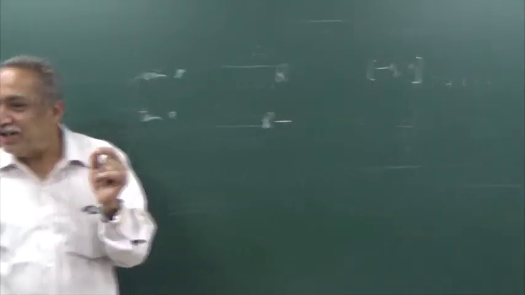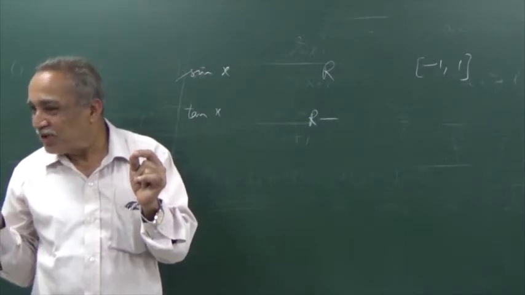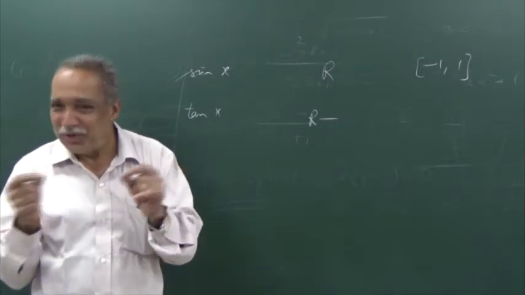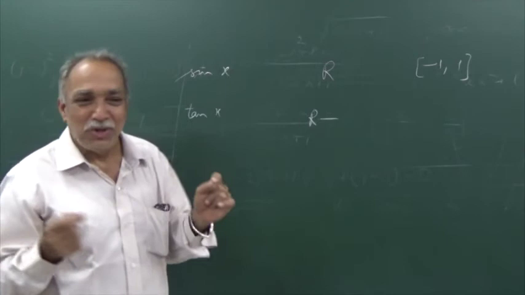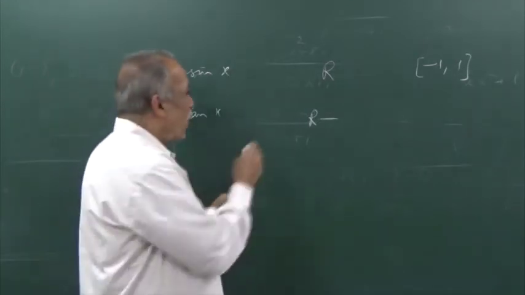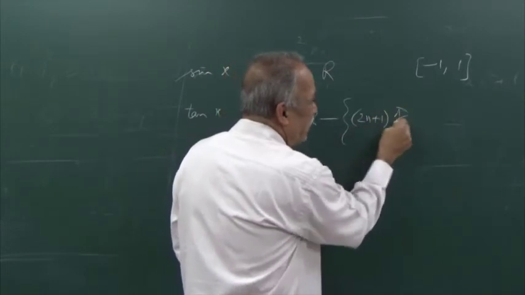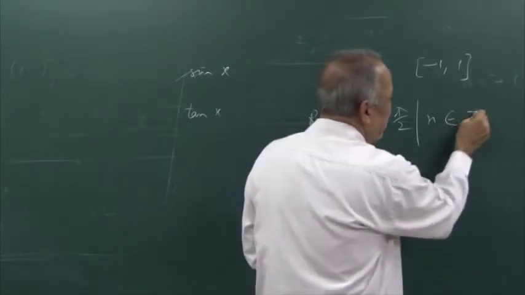When n is minus 1, what is 2n plus 1 pi by 2? Minus pi by 2. Is not cos x 0 at minus pi by 2? Yes, you have to keep that point also out, away. What are the points to be kept outside? All points of the form 2n plus 1 pi by 2, where n can be any integer.